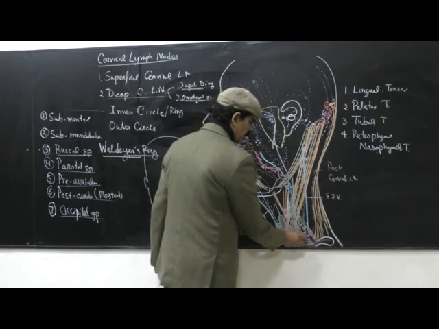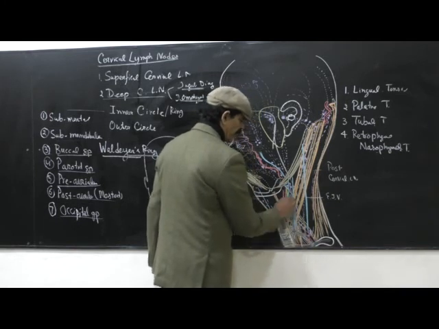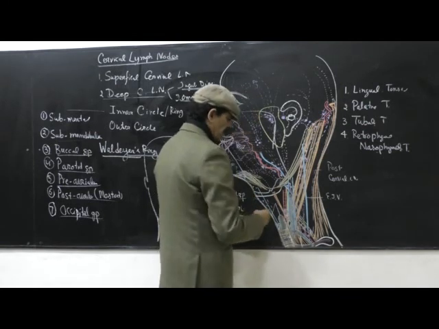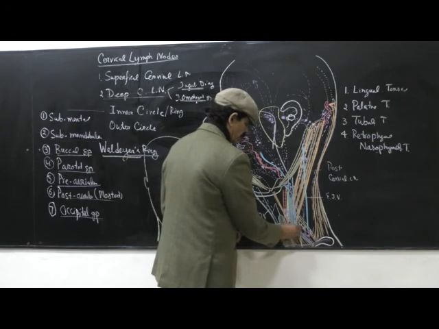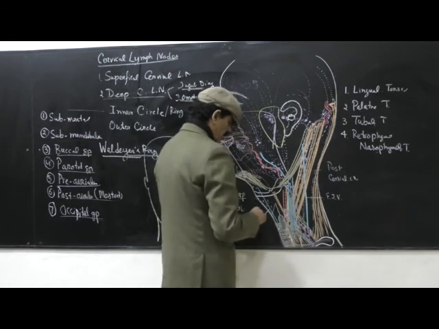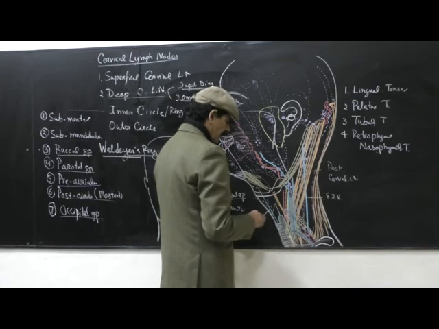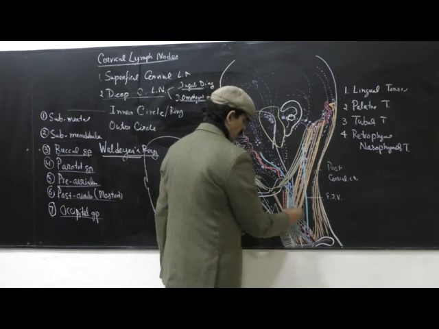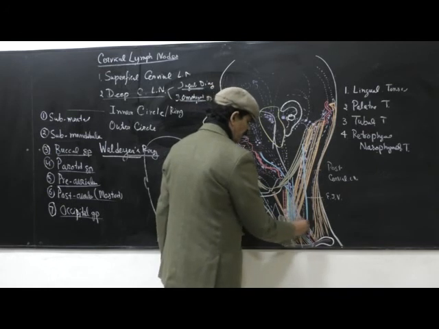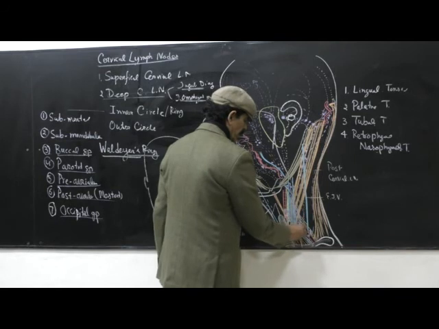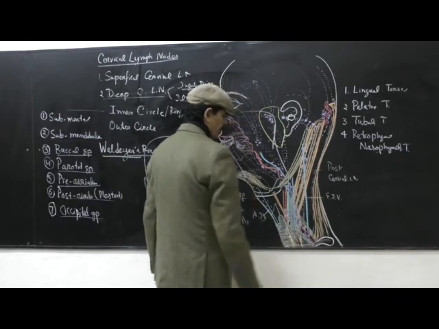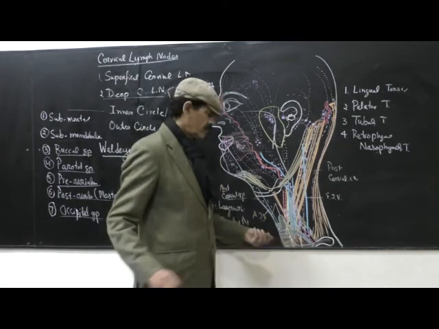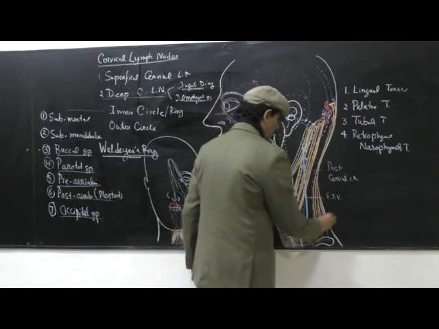As we know, at the junction or angle between the left subclavian vein and the left internal jugular vein opens the thoracic duct, and the left cervical lymphatic channel opens into the thoracic duct here. And here lies a single lymph node that is called the virchow lymph node.